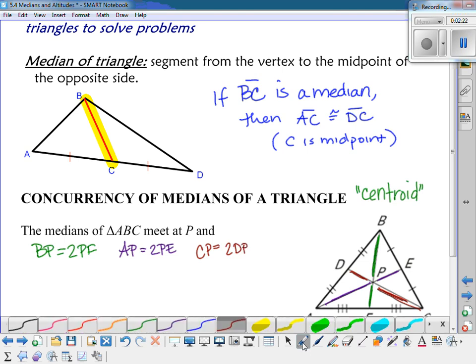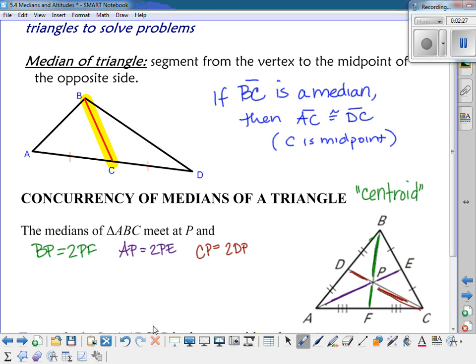So in essence, what I've done is split it into thirds. 2 of the thirds are up here, and 1/3 is down below. So BP is actually 2/3 of the whole median, BF. And PF is just 1/3 of BF.